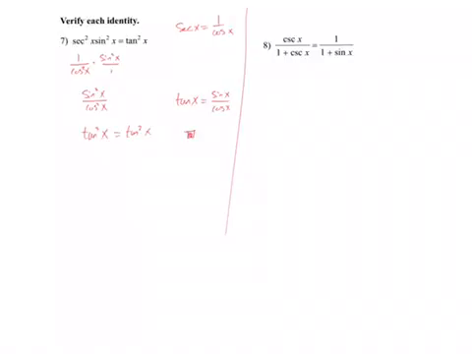It's kind of like writing it in prime factorization or something. So that's what I'm going to do here on number 8, is write this all in terms of sines and cosines. So cosecant, remember, is the same thing as 1 over sine of x. And this is going to be 1 plus 1 over sine of x.